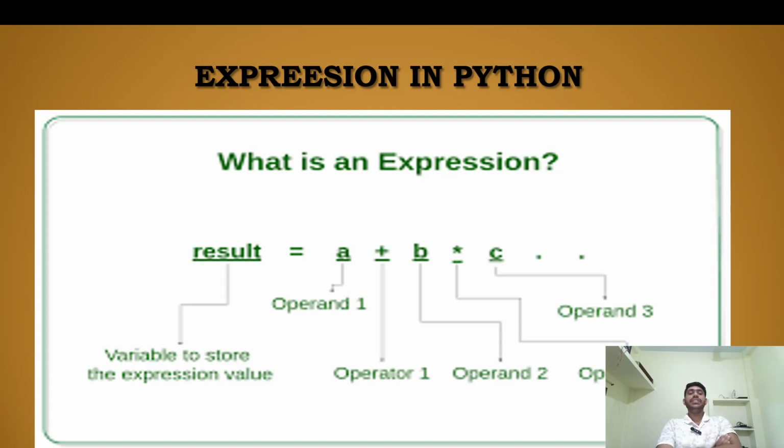An expression is a combination of operands and operators, mainly two things, operand and operator, and finally we get one result.